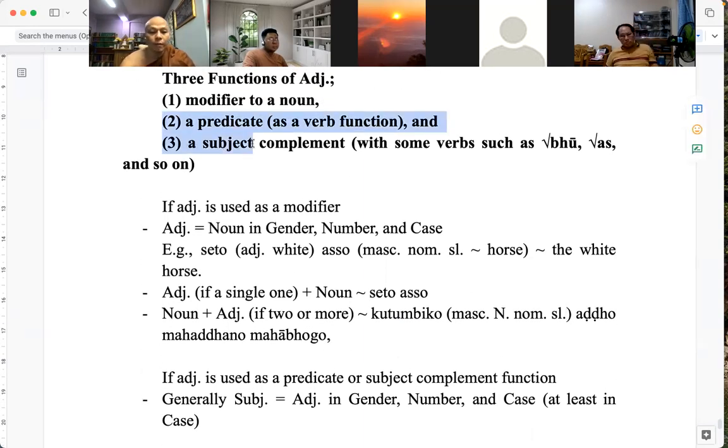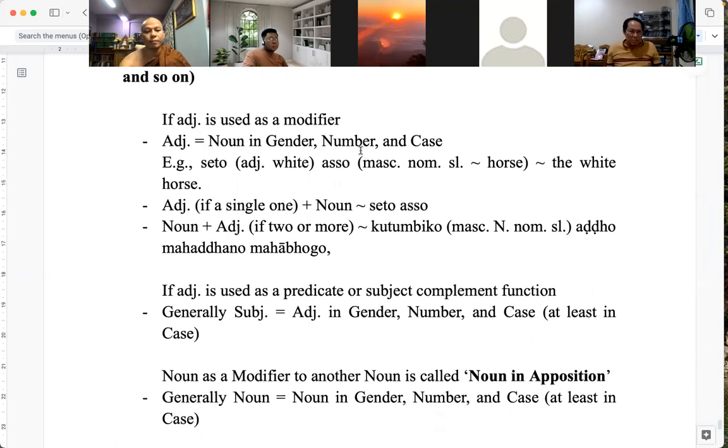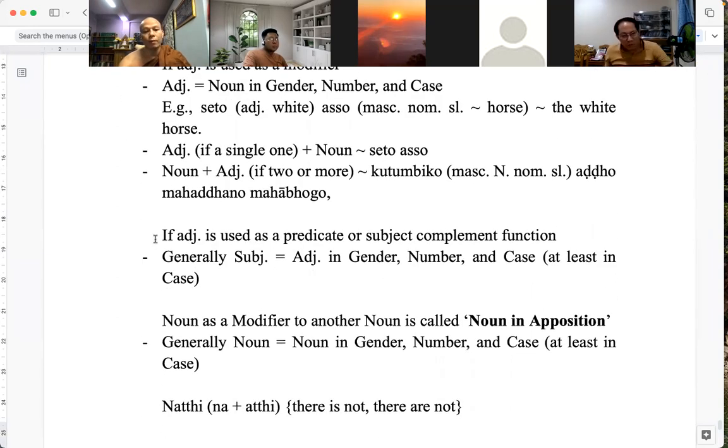If the adjective is used as a predicate or as a subject complement, generally the subject and the adjective are the same in gender, number, and case.